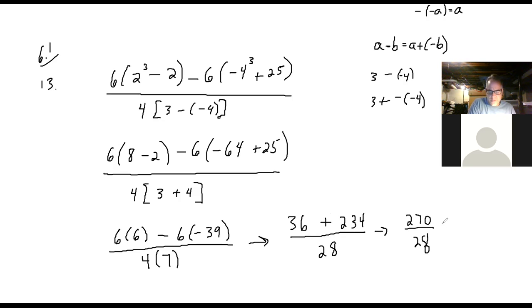And I know at least 2 is going to go in the top and bottom. Right. But 4 will not. 3 does. 3 would go in the top and bottom.